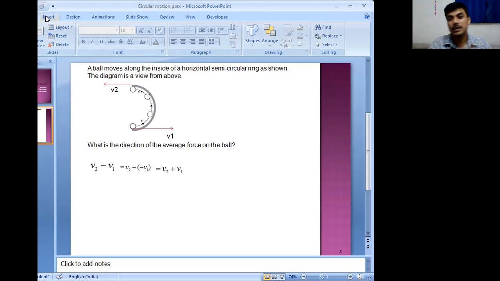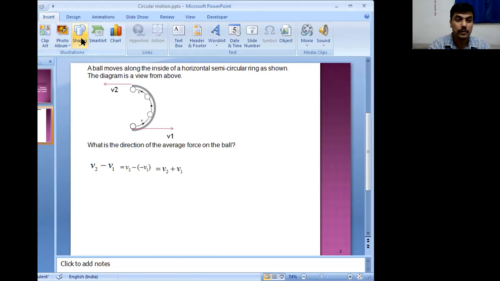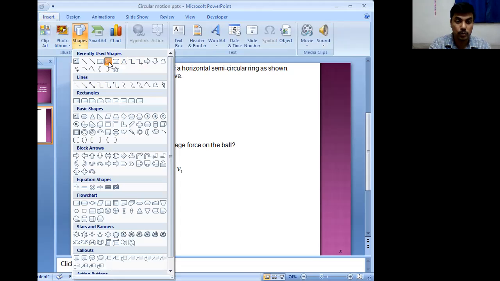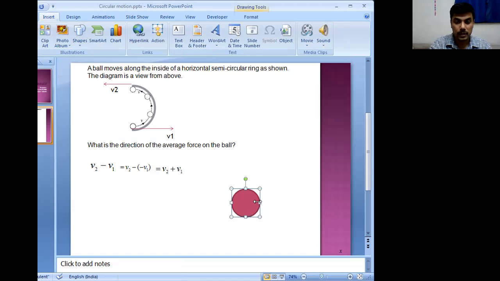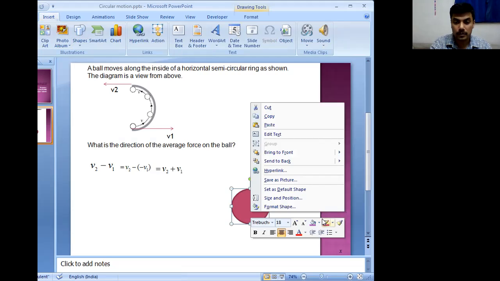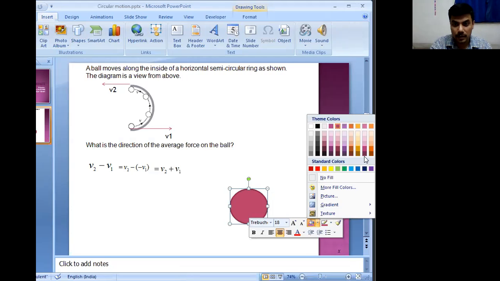You can think of it in this manner: instead of considering the force, if I consider the impulse that's acting on the object, it becomes easier for us to do the analysis. So let's try to do that. Let's say we have a hypothetical circular path that I'm taking, of this color.